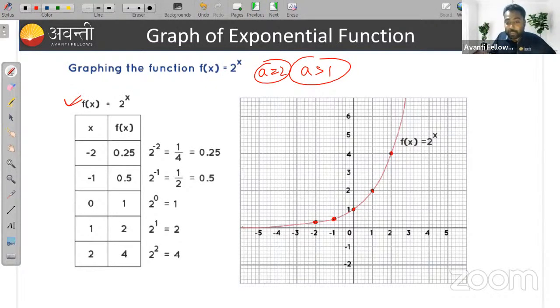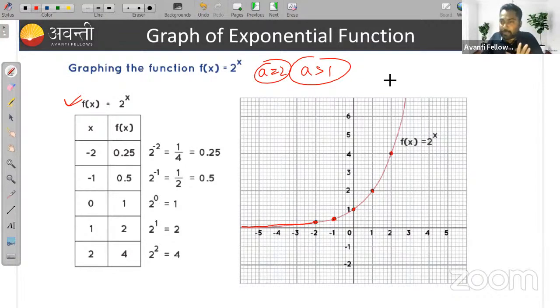Look, it will never intersect the x-axis. Why is it not intersecting the x-axis? Because when the graph will be intersecting the x-axis, that means the value of y is 0. So tell me, for which values of x do you get y equal to 0?